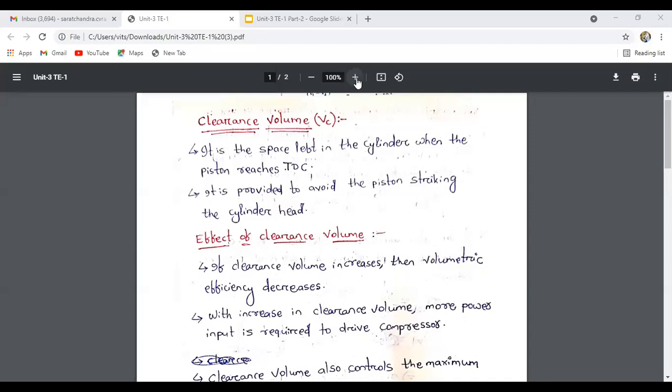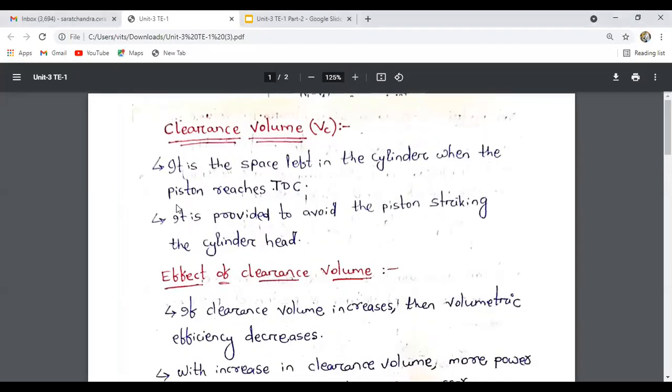So now we are going to switch over to our notes. Clearance volume. What do you mean by clearance volume? Here I have mentioned: clearance volume is the space left in the cylinder when the piston reaches TDC.